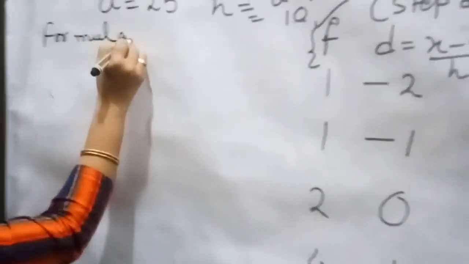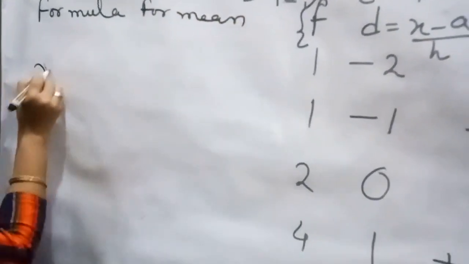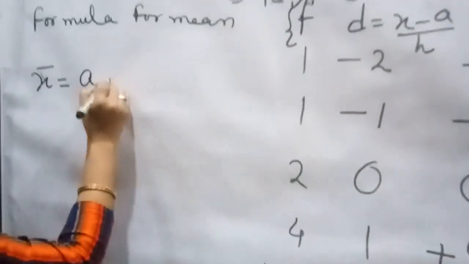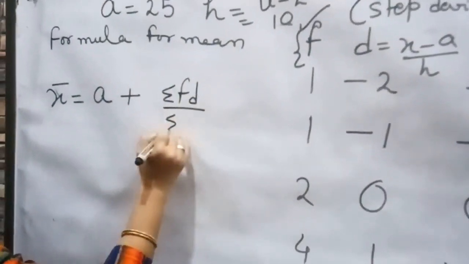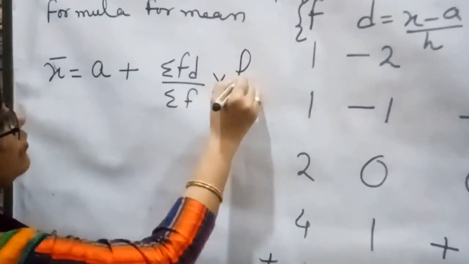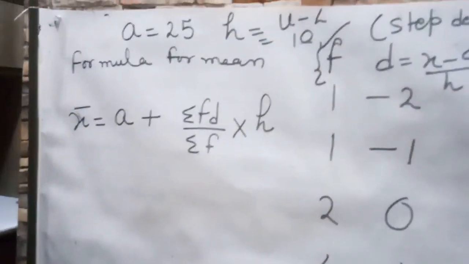Formula for mean. X bar is equal to A, because I have chosen this one, plus sigma FD over sigma F, and we are dividing with height. That means we have to multiply here with height. This is the whole formula for the step deviation.